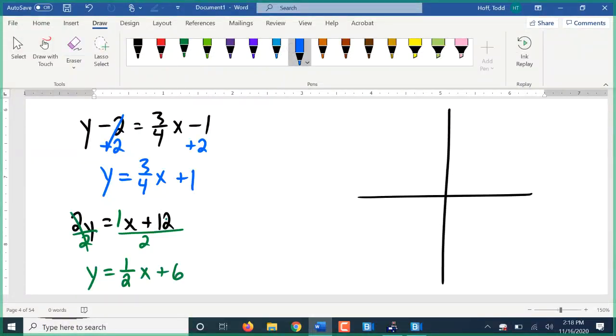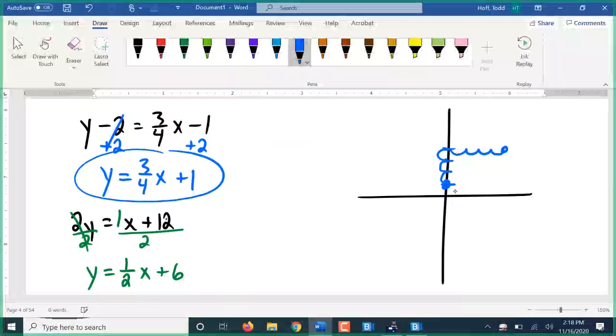So we'll graph these. This first one here, we start at a positive 1. And we rise 1, 2, 3, and we run 1, 2, 3, 4. And I get a line that goes through those points.